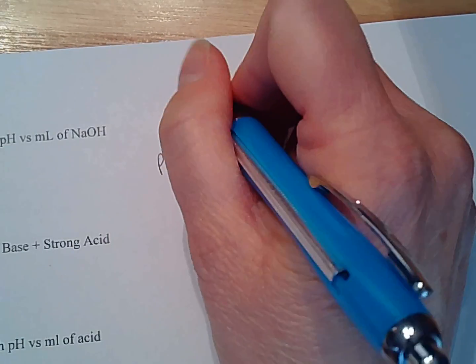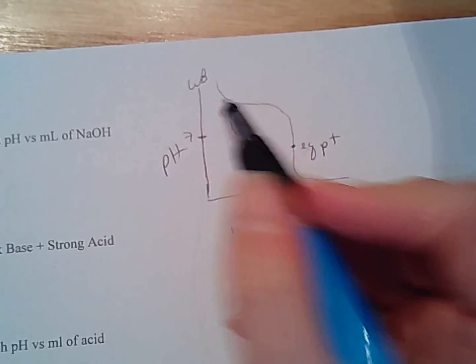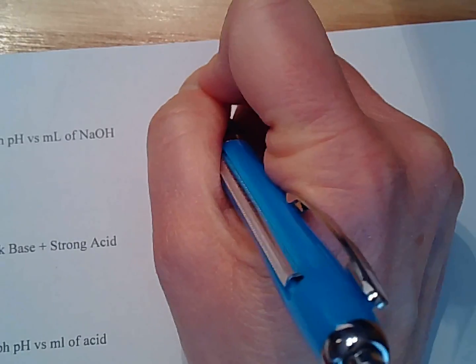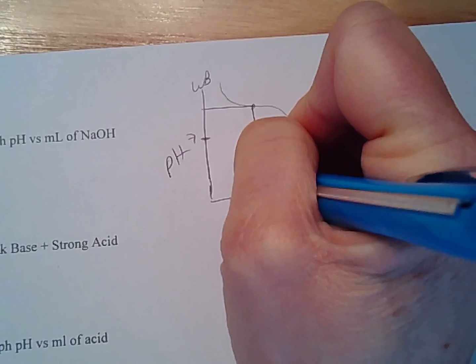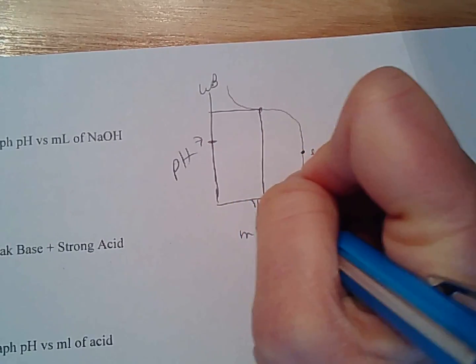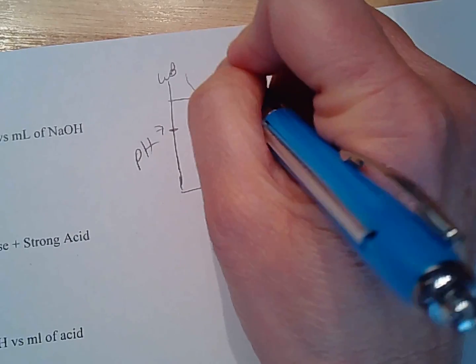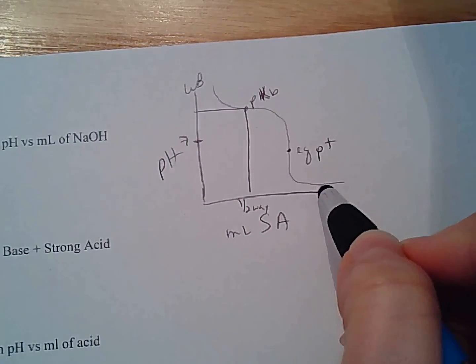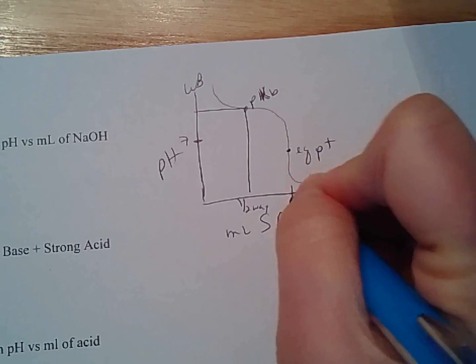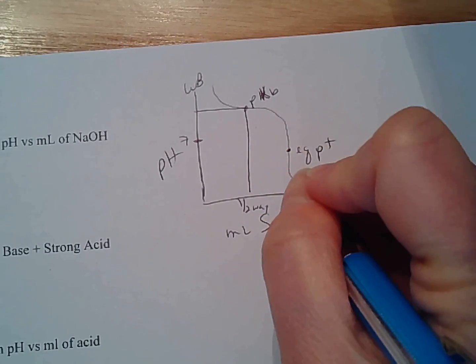Again, here is the weak base. It's going to start up there, and then somewhere in the middle here, when you're about halfway, you are going to have what you call your pKb. So again, it is halfway to your titration completion, so halfway to your equivalence point.